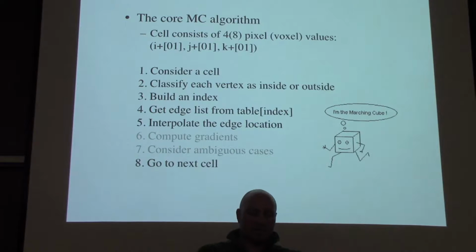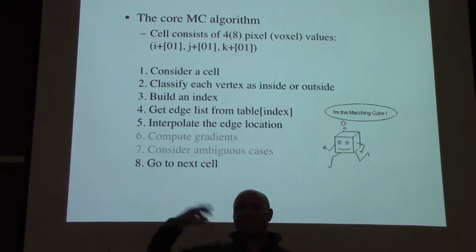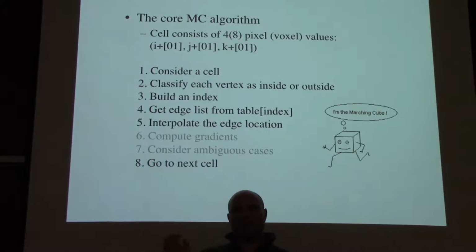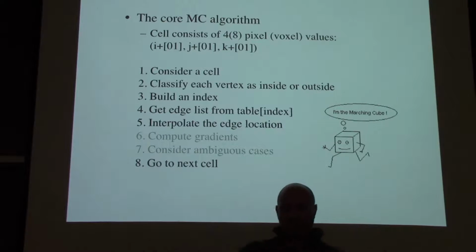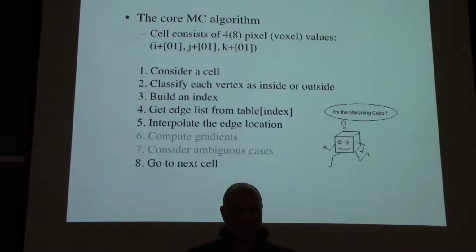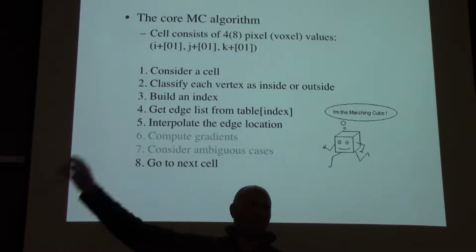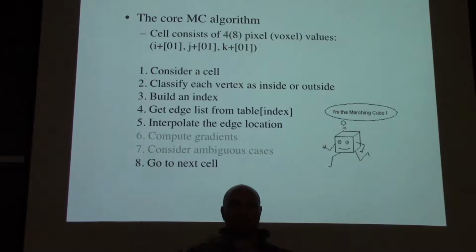And given this inside and outside classification for each cell, you're going to get a list of edges, and you're going to map that into a lookup table that's going to classify the inside-outside index based on what it looks like.